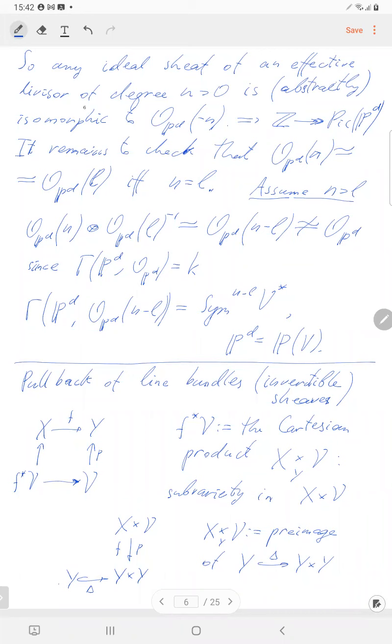Okay, now we know that there is an equivalent language to speak of vector bundles, namely the language of locally free OX modules or OY modules. So there must be some way to pull back the locally free OY modules. And indeed, there is the corresponding operation.